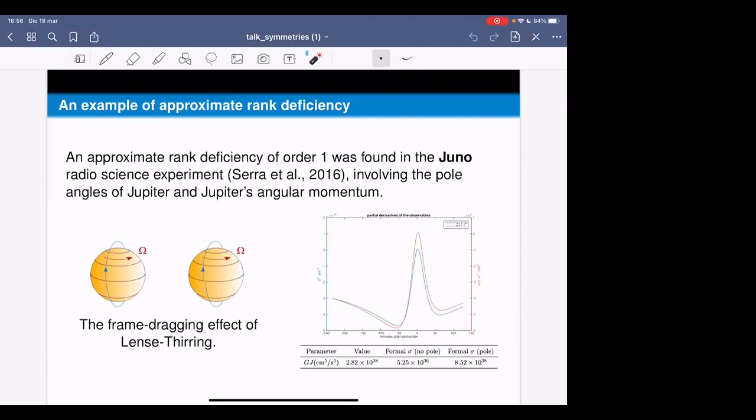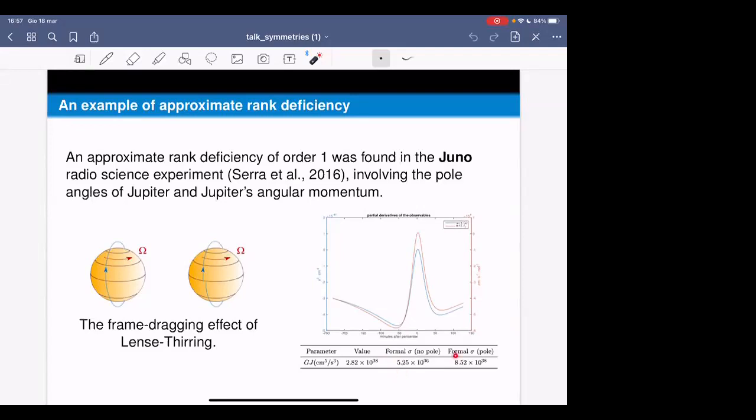What is the effect of this approximate rank deficiency? How did we realize that there was something going on there? Well, actually, it was very simple. We tried to determine in our least squares simulation a parameter, the angular momentum of Jupiter, which has this value, let's say. And if we did not solve for the pole angles, we got this uncertainty.